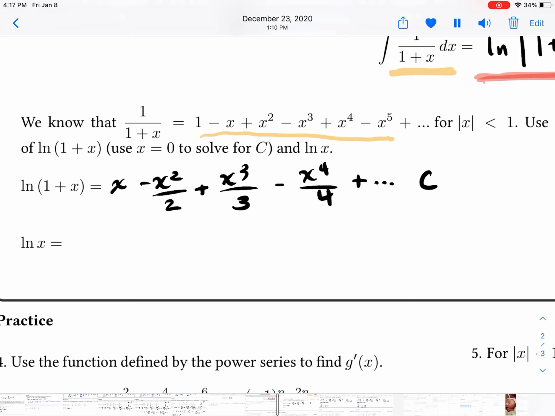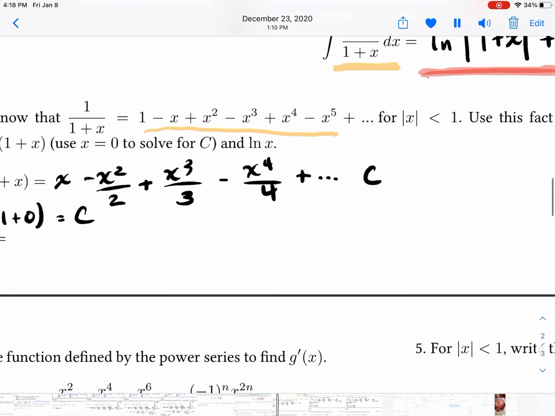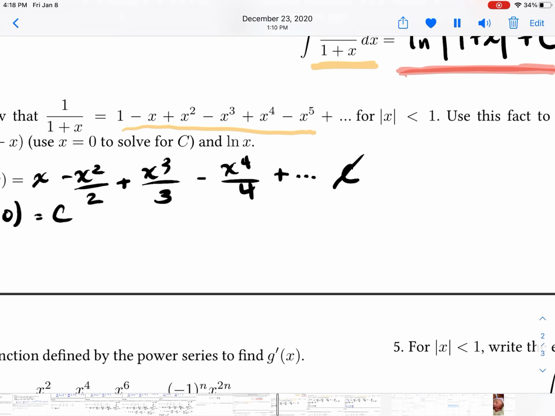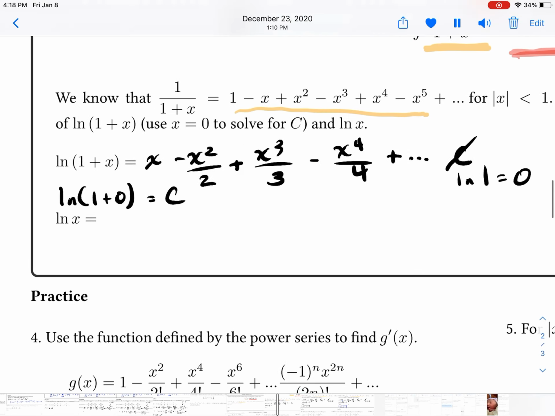So if I plug in natural log of 1 plus 0 here, and substitute 0 for x, all of the preceding terms are going to become 0. And so we can just say that this is 0 plus c. So that means c is simply going to be equal to the natural log of 1, which is equal to 0. So that constant is effectively just 0.